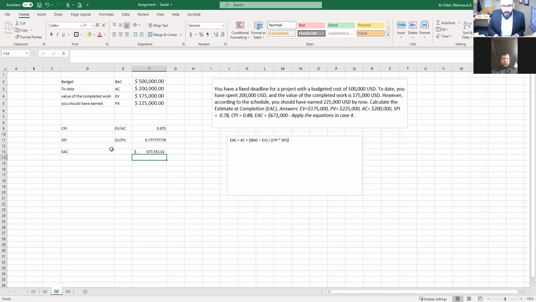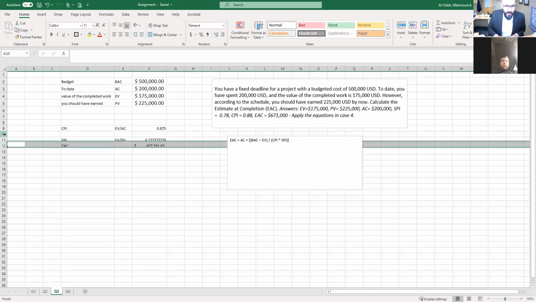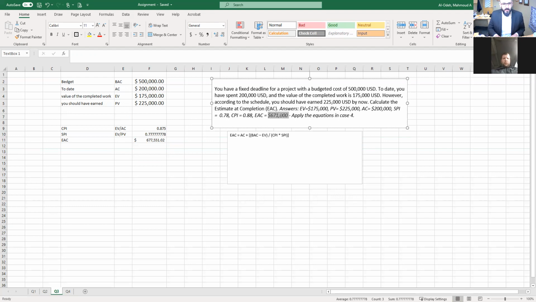All right, so the answer is 671,000. And again, because we're using Excel, this is one of the good things about Excel, it gives you a more accurate answer than what you need. So if you apply the equation by itself, you're going to get a less accurate number than what we have. So we have 671,000 versus 677,000, which is close enough.